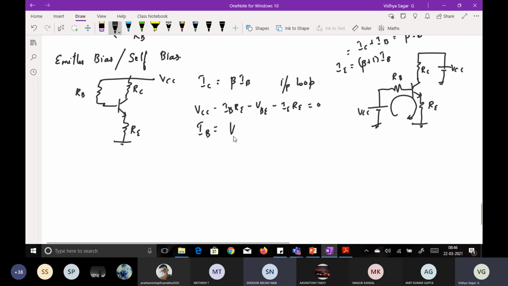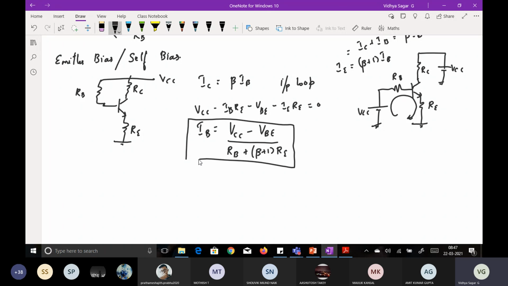Others, kindly follow it. If you're not understanding, kindly ask. It is just the KVL equation I'm applying. So now IB is equal to VCC minus VBE by RB plus beta plus 1 RE.